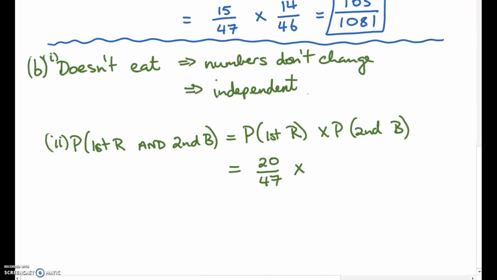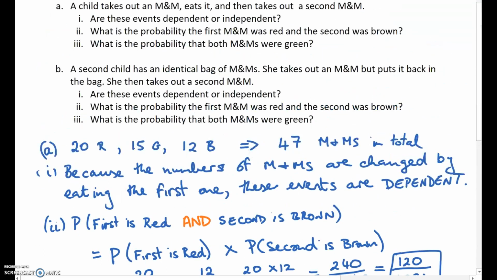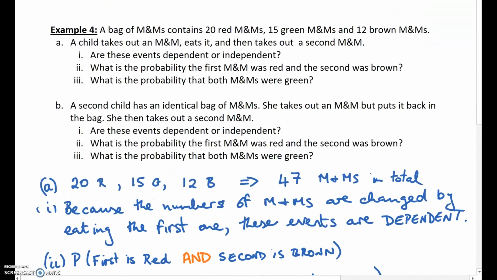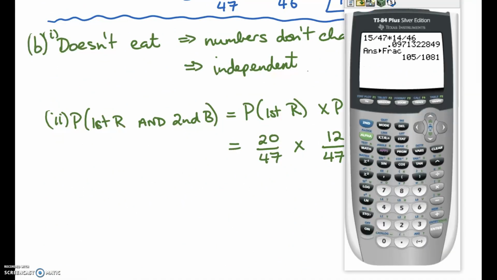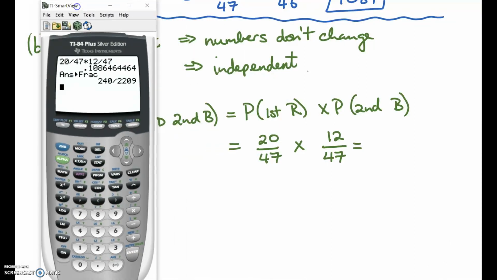But this time she puts it back without eating it. So there are still 47 M&Ms in there when she goes to pick again. And how many of them were brown? 12 were brown. And this time, let's do that again. So 20 divided by 47 multiplied by 12 divided by 47 gives us that, and we turn it into a decimal or into a fraction.